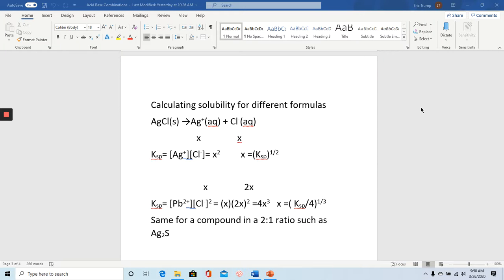Today we're going to look at some worked examples, but before I do that, I want to go over the formulas for calculating solubilities for different salts.